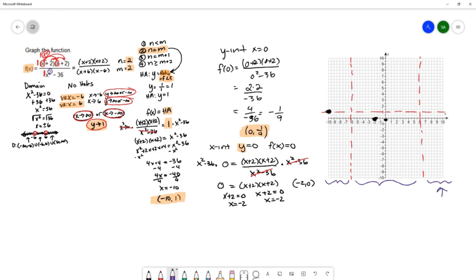So I want a point that is greater than 6. But I also feel a little bit uncomfortable since the only point that I have in this section is on my horizontal asymptote. I'd like to get another point so that I'll know how to draw the graph going towards the vertical asymptote.